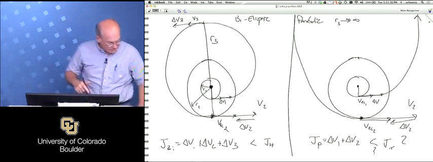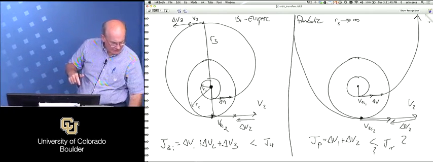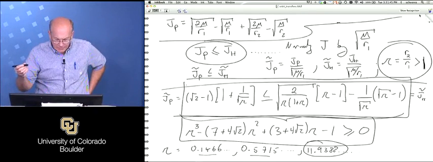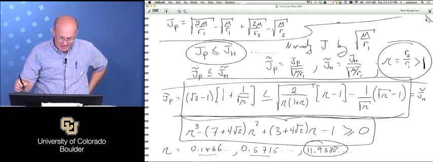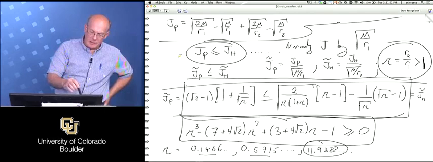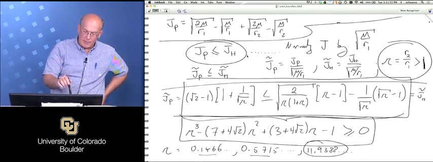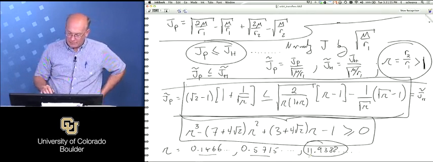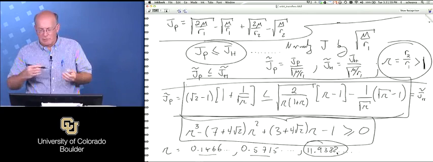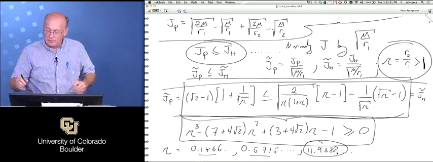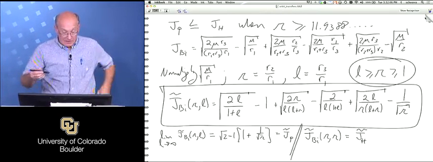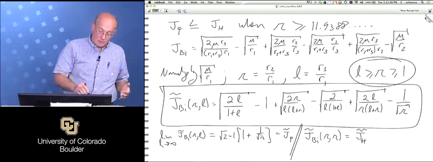And we're looking at comparisons between these, and we had first come up with the limit at which the parabolic transfer is always fuel optimal over the Hohmann transfer, and that was at about 11.9 radii in terms of the ratio of the two orbit radii. And then we had started looking at the bielliptic transfer, which is a lot messier.